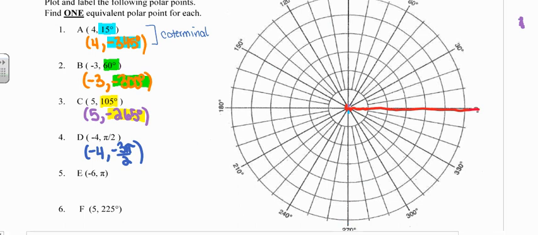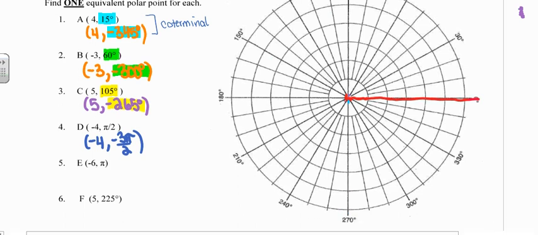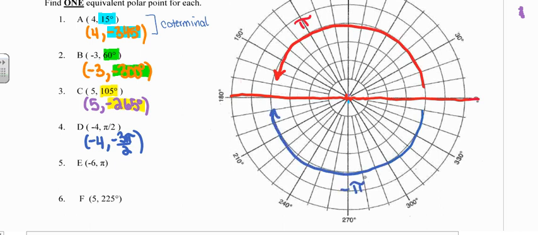Number 5 says our angle is pi. Oh, I like this one too. So there's pi if I'm going counterclockwise. If I'm going clockwise, it's the same distance, but just negative pi units. So negative 6 comma pi would be my other name. Sorry, negative 6 comma negative pi.